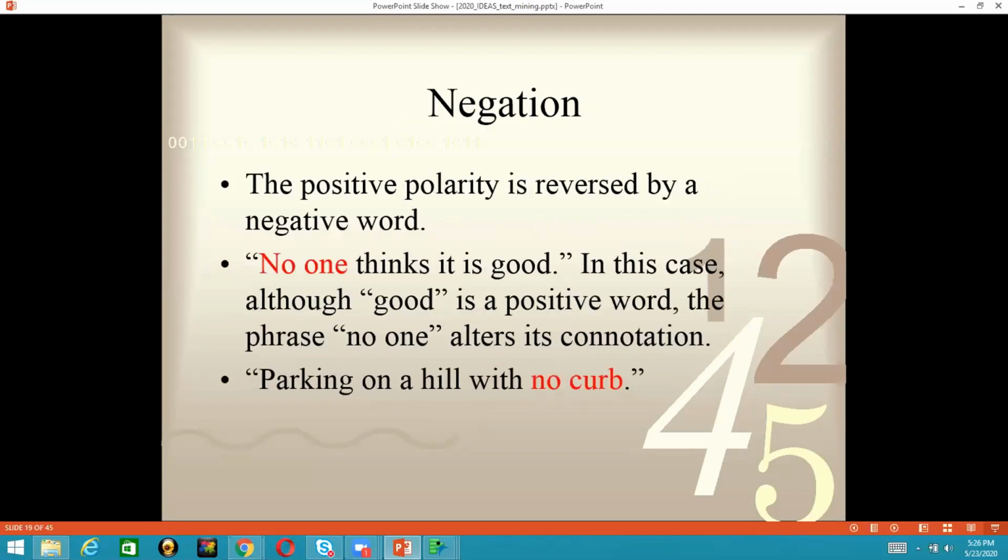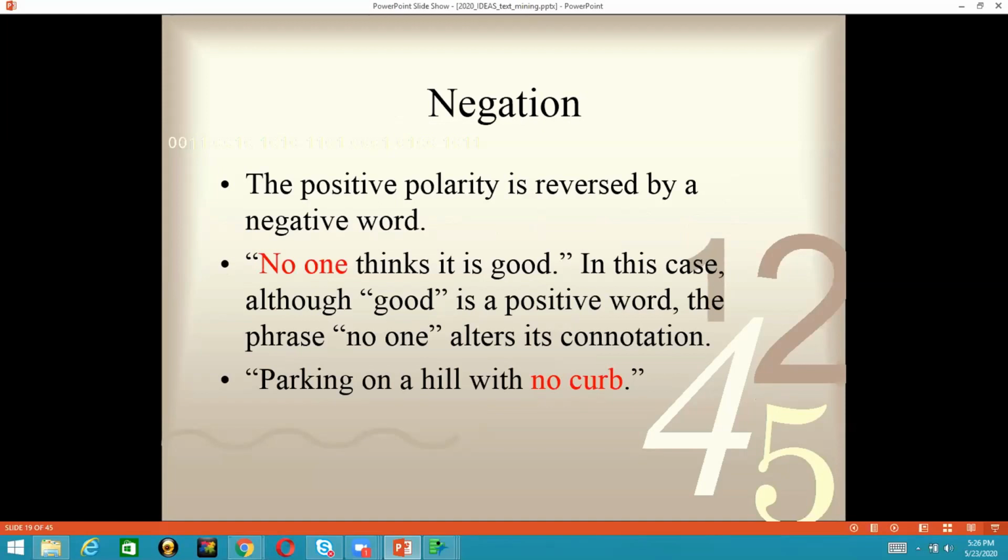Negation. The positive polarity is reversed by just one single negative word. For example, "no one thing is good." Although good is something positive, when you add "no one," then the whole thing changes.